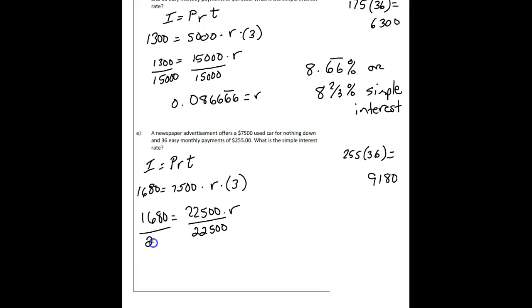And we get 0.07466 repeating equals our R. So we have 7.466 repeating percent simple interest.